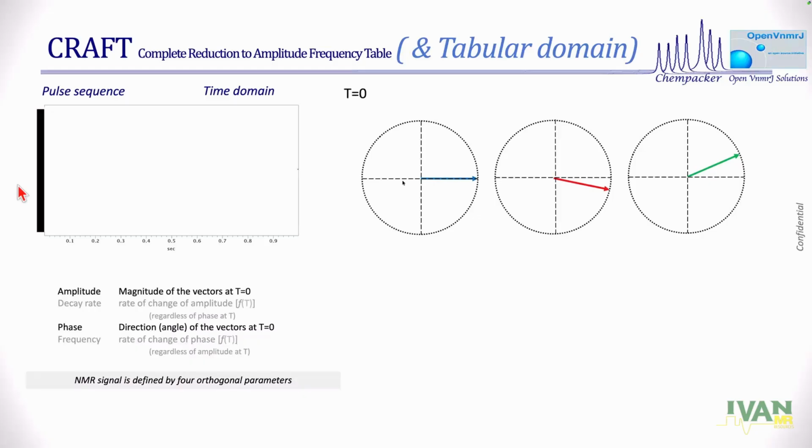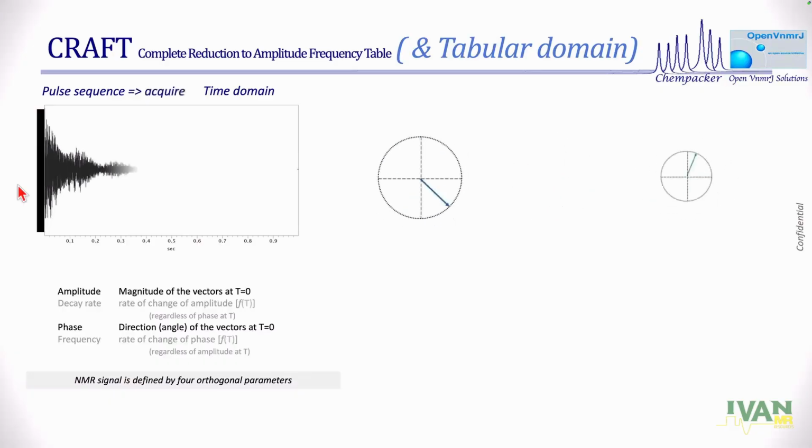So let's start with time domain. So we pulse. In this particular example, we have 3 spins and 3 magnetizations, blue, red, and green. The amplitude of the magnetization at time equals 0 is the vector magnitude at t equals 0, and the direction is the phase of the 3 magnetizations.